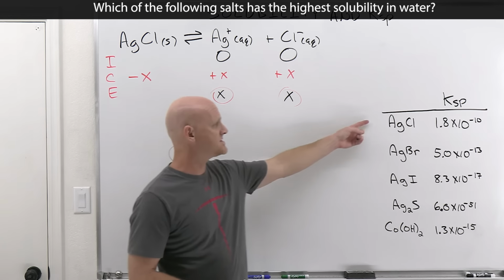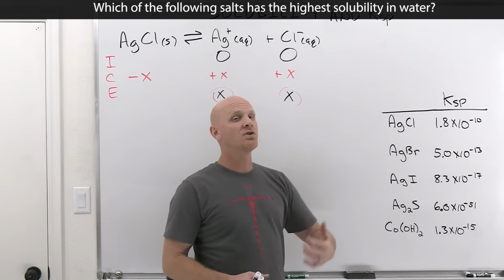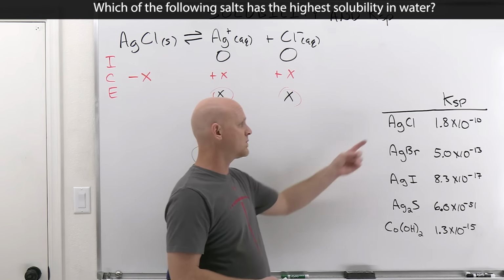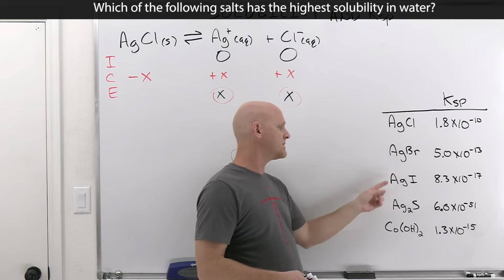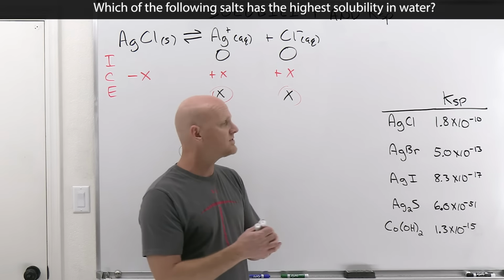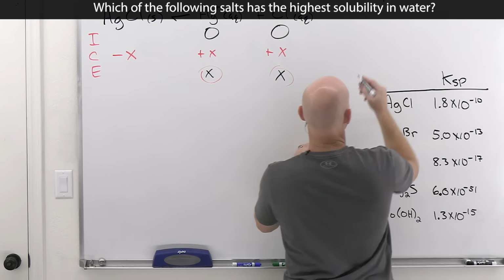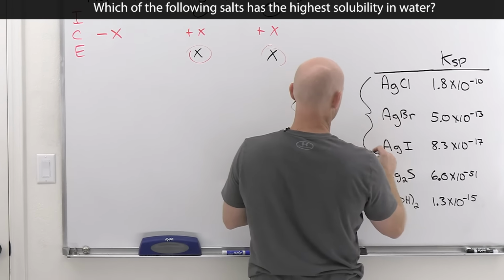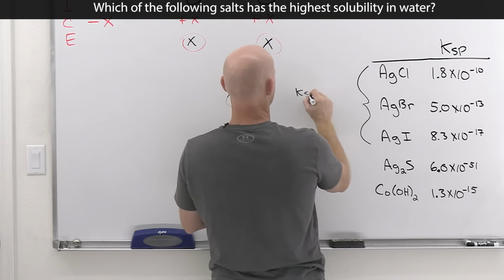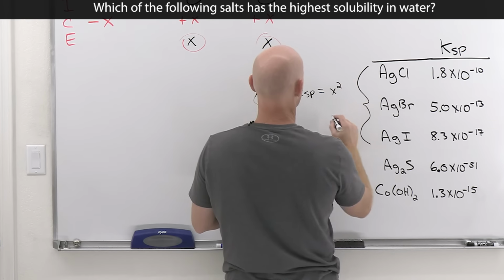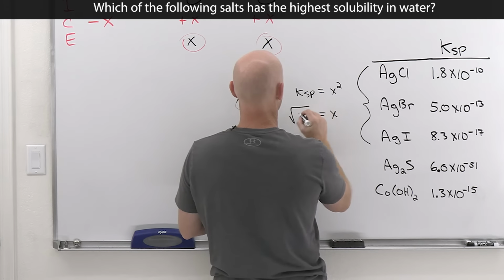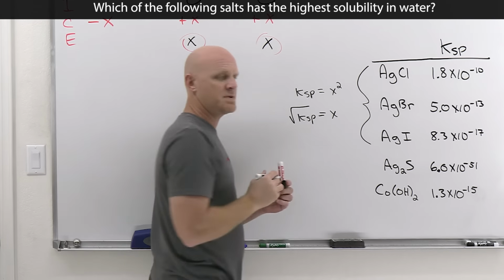If you look at AgCl, AgBr, and AgI, these all dissociate into exactly 2 ions: 1 silver and 1 chloride, 1 silver and 1 bromide, 1 silver and 1 iodide. As a result, for every one of these 3, you'd have Ksp equal to x squared, so x would equal the square root of the Ksp.